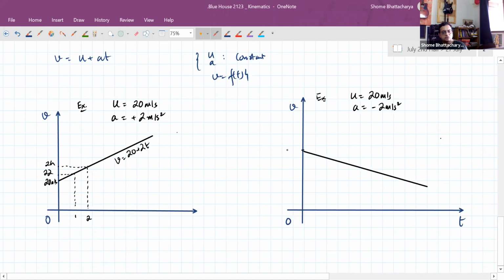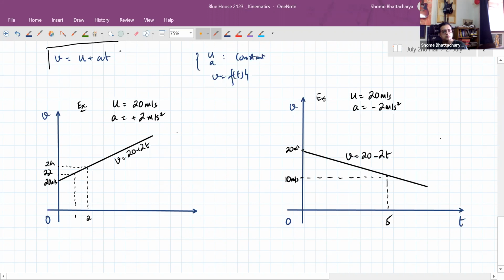So it's starting at 20 meters per second, and for example after 5 seconds, which will probably be somewhere here, it would have reduced to half its initial value, 10 meters per second, because here my v is going to be 20 minus 2t as a function of time.